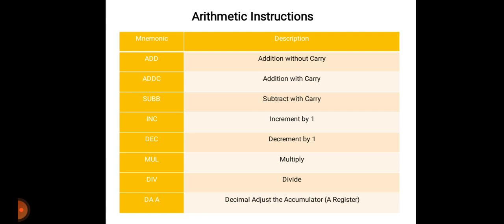ADDC means addition with carry. SUBB means subtract with borrow. INC means increment by 1. DEC means decrement by 1. MUL means multiply, and DIV means divide. DA A means decimal adjust the accumulator, the A register.